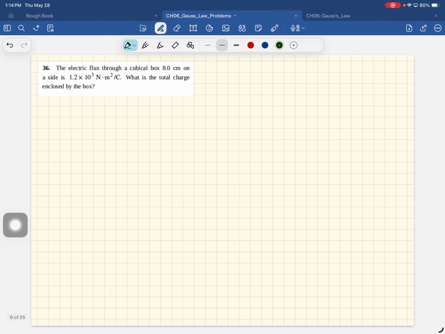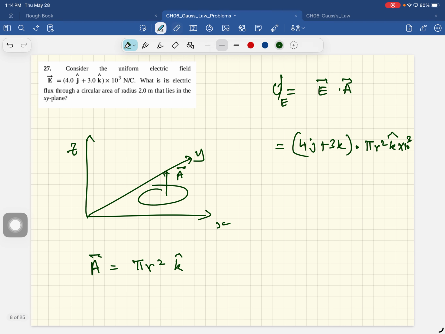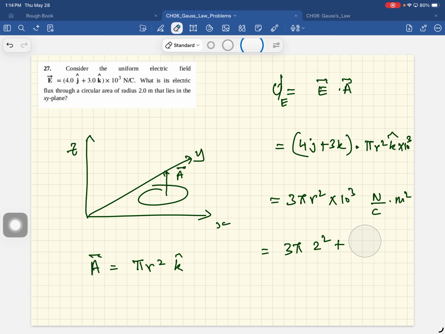Okay? The electric field between the plates. These are conducting plates. For part B, you just divide that by epsilon naught or whatever the constant is. So the electric field between conducting plates is sigma over epsilon naught. That constant is called the permittivity of free space.